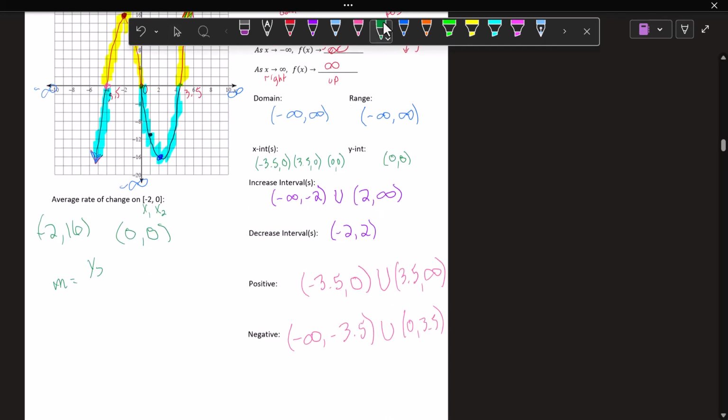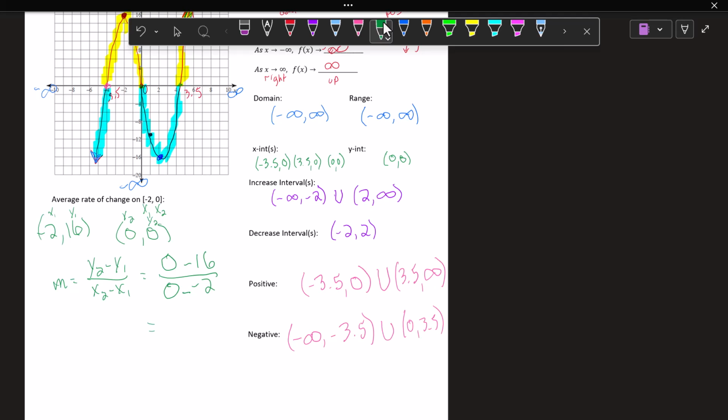So we just do our y2 minus y1 over x2 minus x1. So we can let this be x1 and y1. This is x2 and y2. Doesn't matter which is which. So 0 minus 16 over 0 minus a -2.